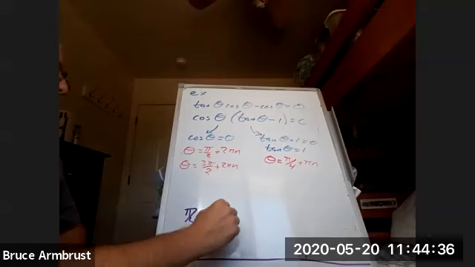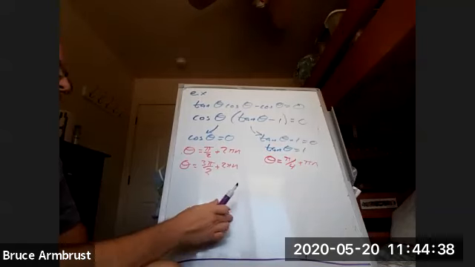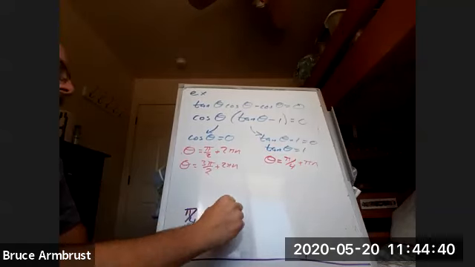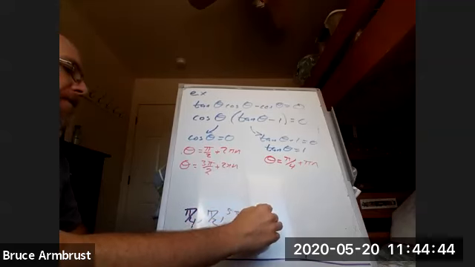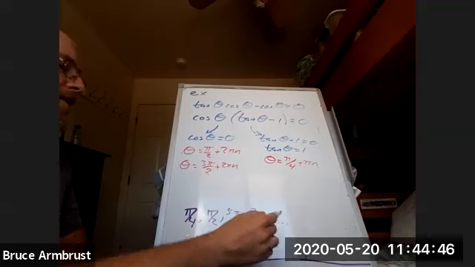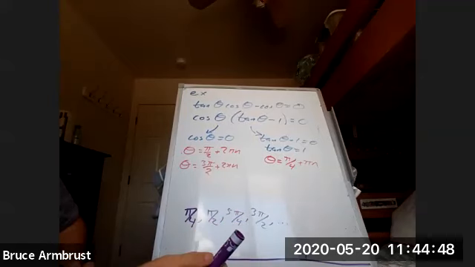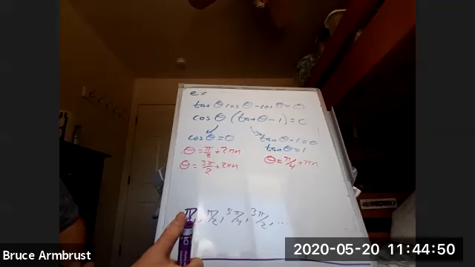Then we're going to get 3 pi over 4, or no, sorry, I lied, not 3 pi over 4, 5 pi over 4. And then we're going to get 3 pi over 2, and the list would continue. The next one after that, I believe, would be 9 pi over 4. Yeah, 9 pi over 4 would be the next one, and so on and so forth.